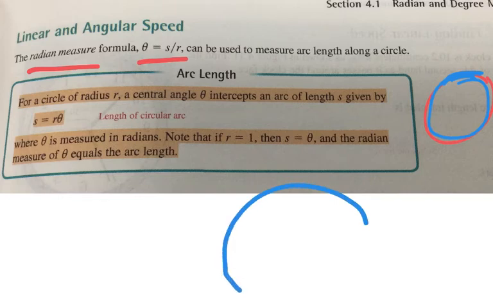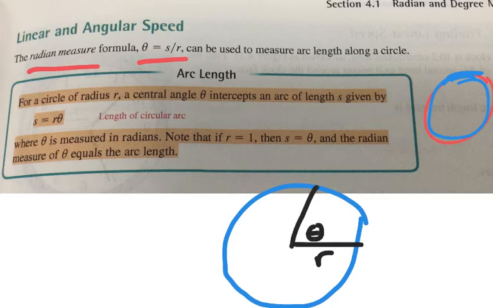So all that's talking about is when we're dealing with a unit circle, which is what we're going to be doing a lot of next section. It's saying that if I have a radius here of r, and I have some angle theta that I've rotated around the radius, when I multiply the radius times that theta, and the theta has to be in radians, it's going to give me the distance that I've traveled here.